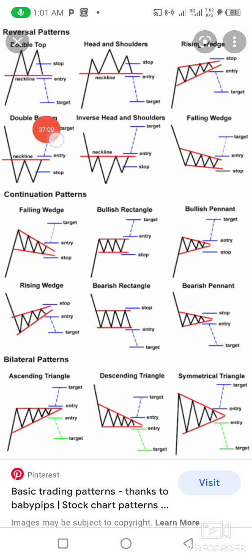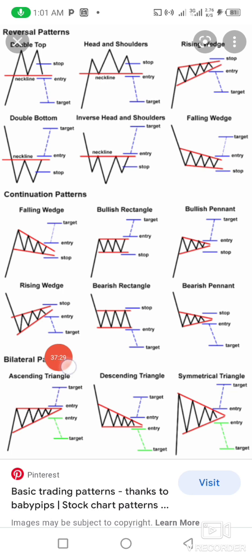See, double bottom, inverse head and shoulders, falling wedge. You see, these are reversal patterns: double top, double bottom, head and shoulders, inverse head and shoulders, falling wedge, rising wedge. Then continuation patterns: we have falling wedge, bullish rectangle, bullish pennant, rising wedge, bearish rectangle, bearish pennant.